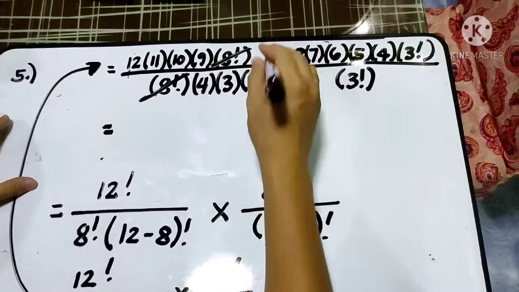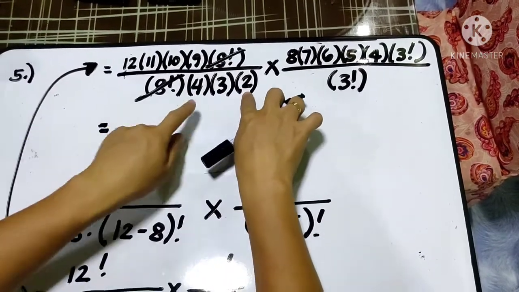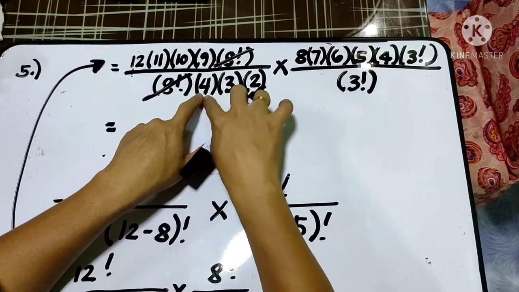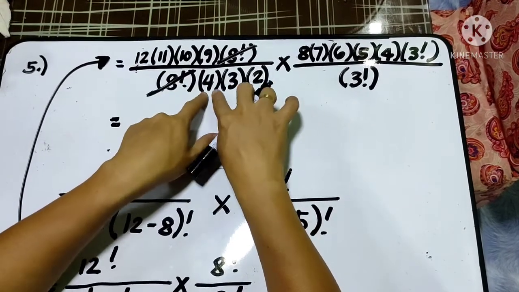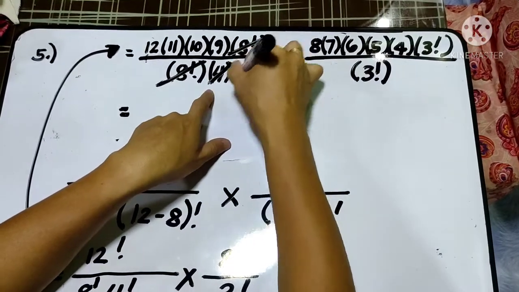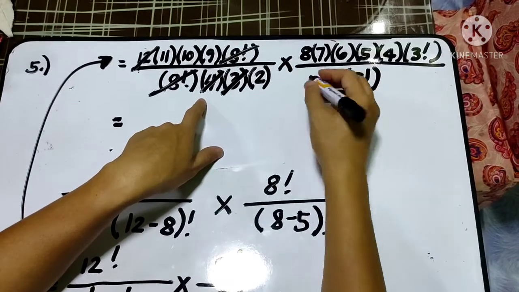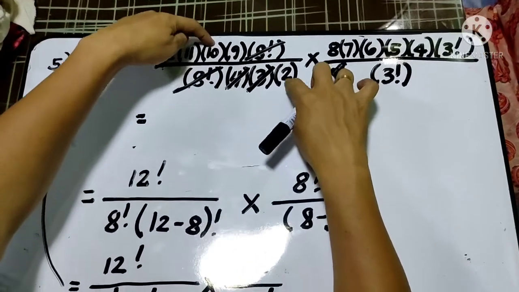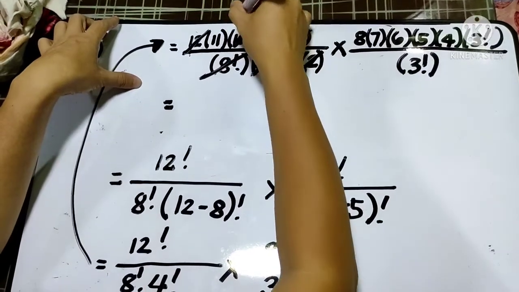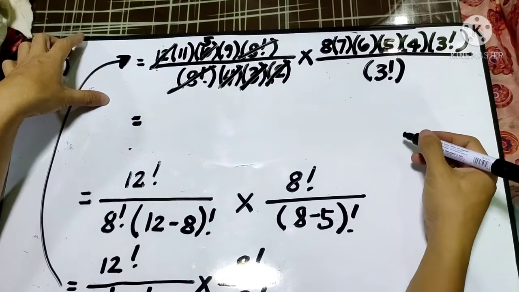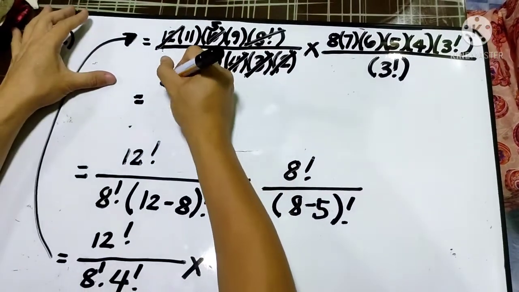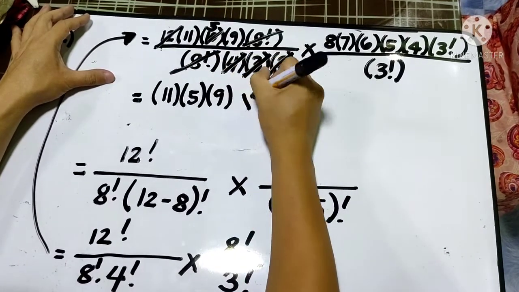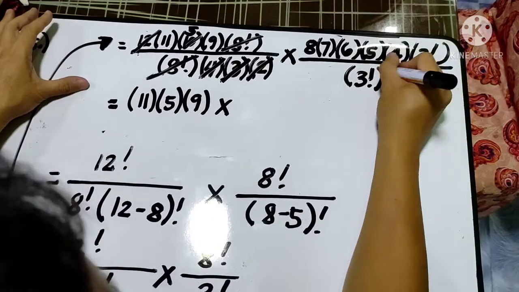So apply cancellation. Cancel 8 factorial. 4 times 2 is 8. Or let's say 4 times 3, there is no 8 here at the top. 4 times 3, 12. So cancel this, cancel also 12. Then, what is the number that can be divided by 2? It's 10. 10 divided by 2, you have 5. So, what remains on this part are the following: 11 times 5 times 9 times, on the other side, cancel 3 factorial.